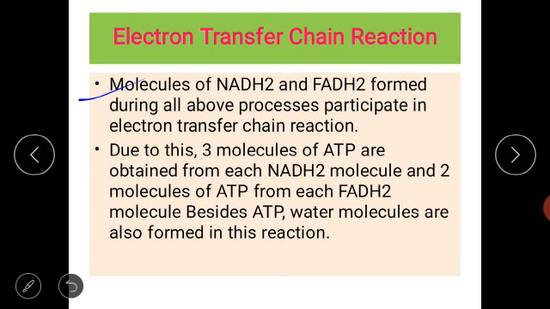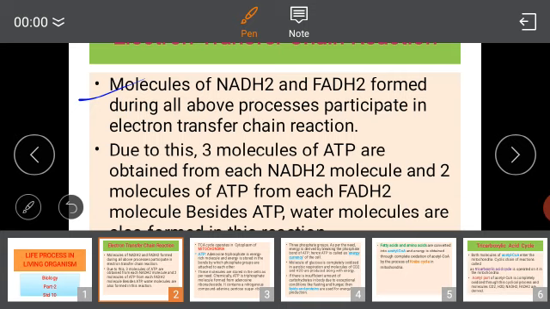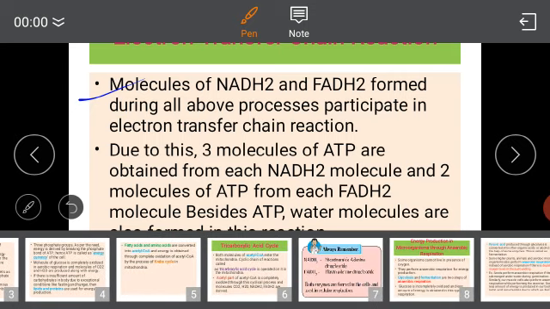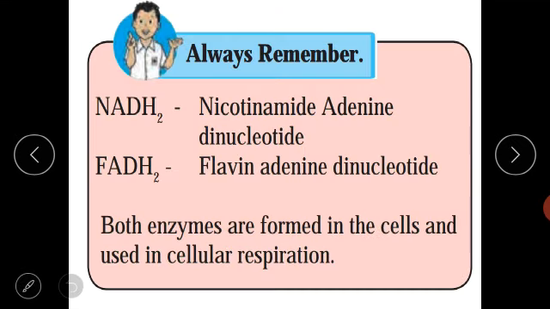So as I said, NADH2 and FADH2 are the enzymes, and they carry out the process of electron transfer. NADH2 is called nicotinamide adenine dinucleotide, and FADH2 is flavin adenine dinucleotide.